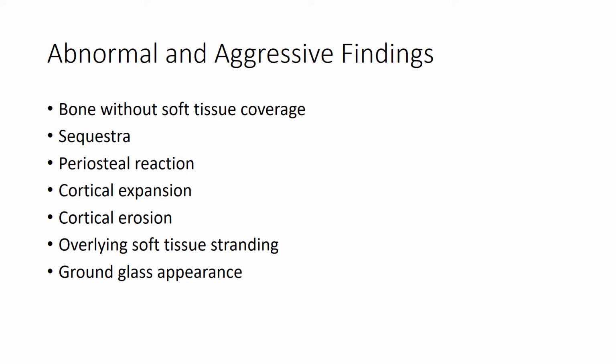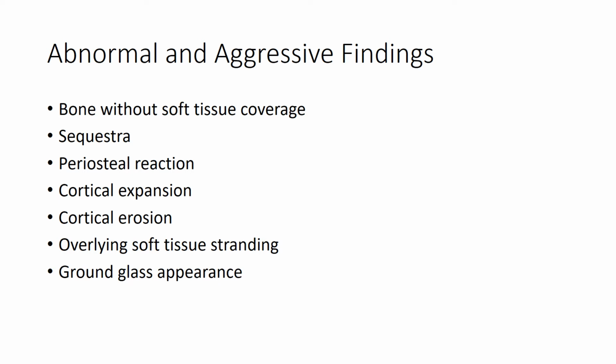So the previous slide demonstrated a case of non-aggressive mandibular lesions. So I just want to review the imaging findings that would make you think that a lesion is aggressive. And it can be bone without soft tissue coverage, which is essentially exposed bone, either in the oral cavity or extraorally.